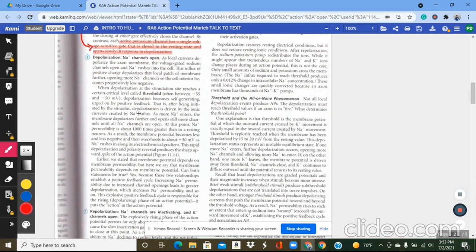And when depolarization at the stimulation site reaches a critical level called threshold, often between -55 and -50 millivolts, depolarizations become self-generating, urged on by positive feedback. That is, after being initiated by the stimulus, depolarization is driven by the ionic currents created by the sodium influx. As more sodium enters, the membrane depolarizes further and opens still more channels until all sodium channels are open.